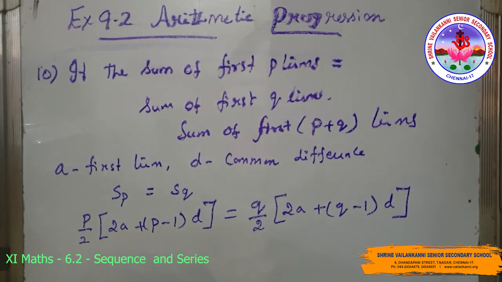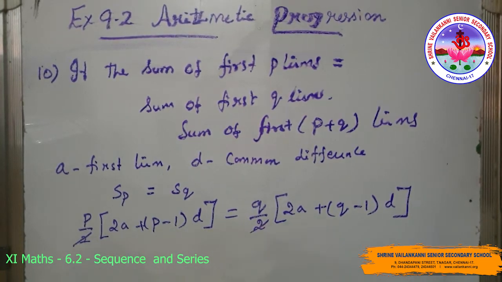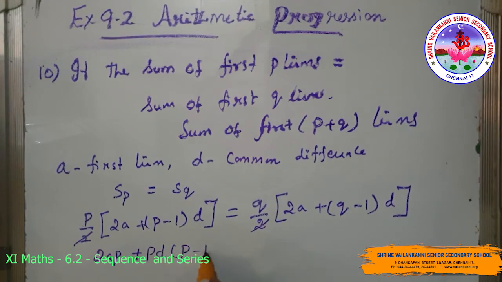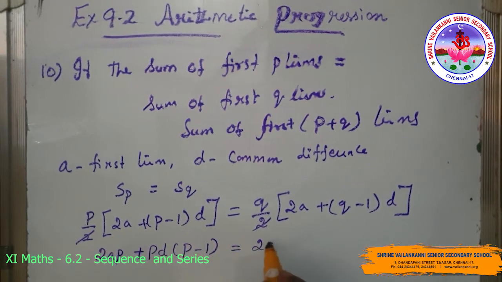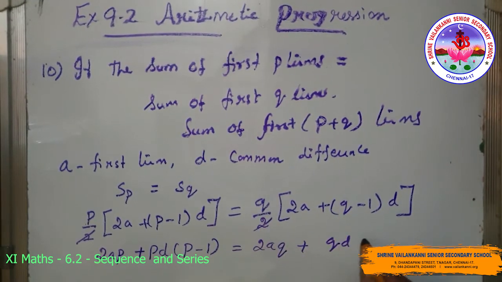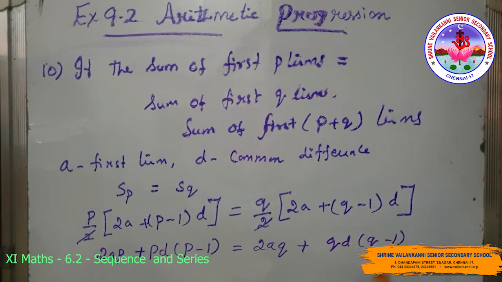So cancelling 2, then simplifying this, 2ap plus P into d of P minus 1, which is equal to 2aq plus Q into d of Q minus 1.